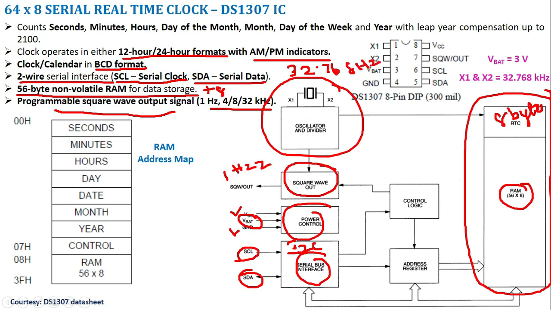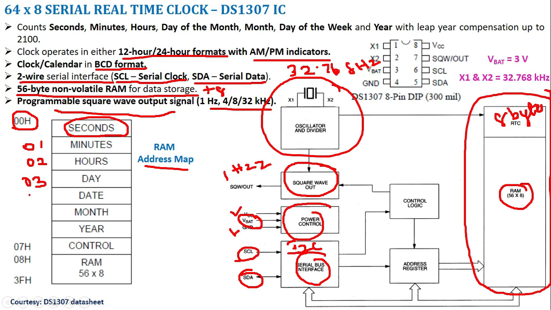When we see the RAM address map, the first location at 00 will have the seconds details, 01 will have minutes, 02 will have hour information, and 03 will have the day, in the sense of which day it is in a week, whether it is the first day, second day, third day.